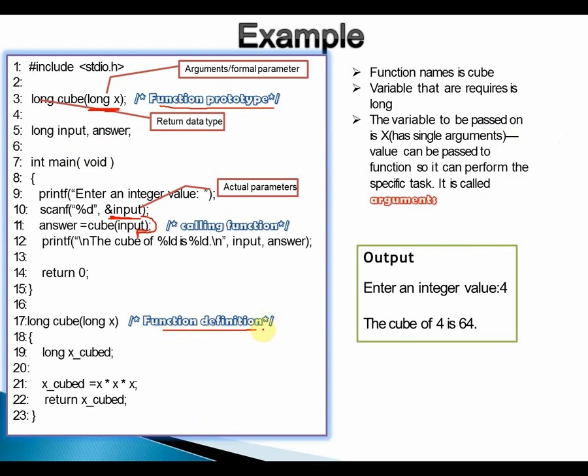Function definition is this line basically, so this also is a formal parameter. This, which is a function declaration, is also a formal parameter, and this one is also a formal parameter. So do not get confused between formal parameters and actual parameters.